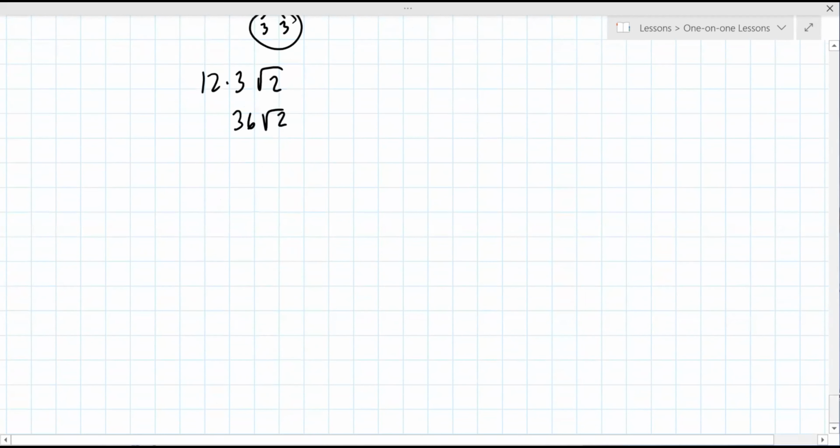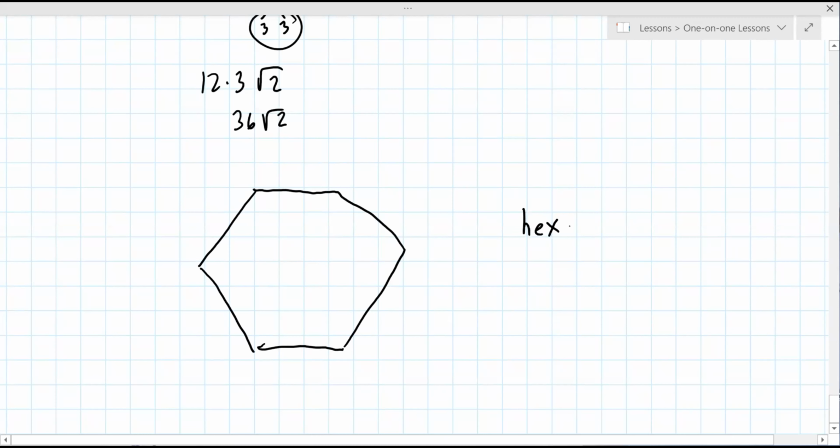Okay, I remember this. So here's the problem. This is in like every SAT ACT prep book I've ever seen. They'll give you a variation on this, but a hexagon contains 6 equilateral triangles.